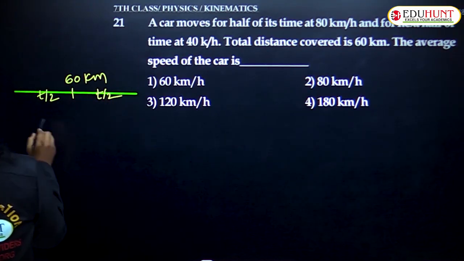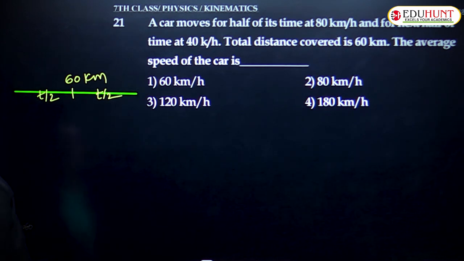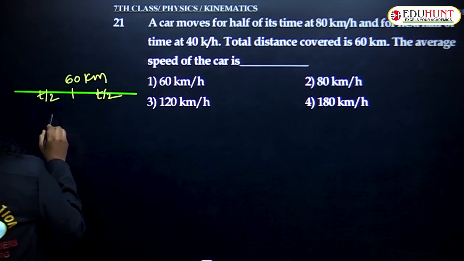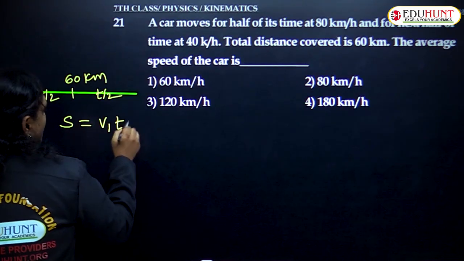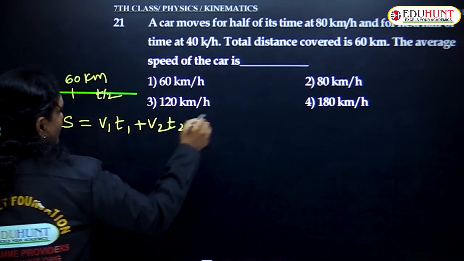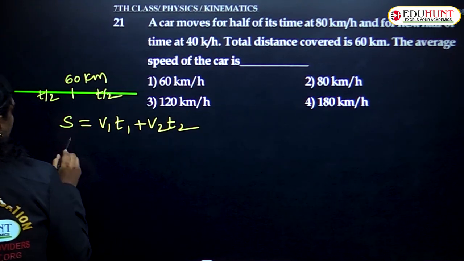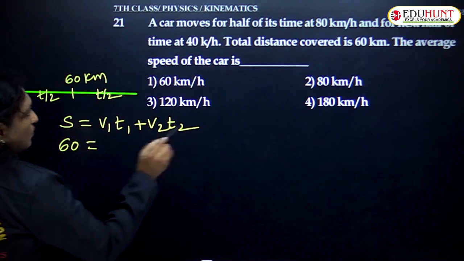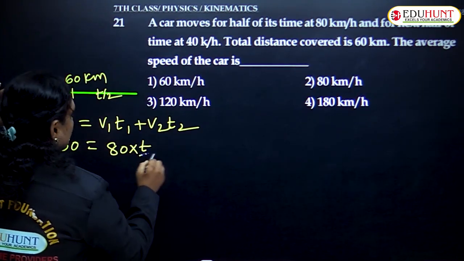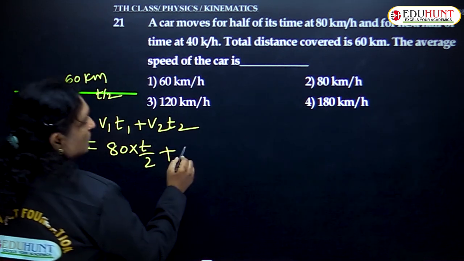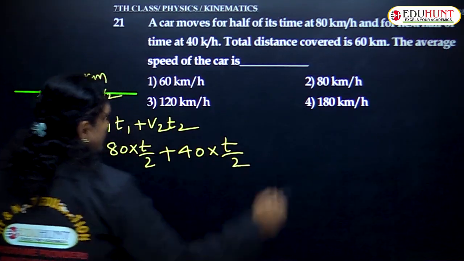So, for this total distance we know that speed equals distance by time, so distance equals speed into time. Generally, the total distance is nothing but V in 2 different intervals it is traveling. So, V1 T1 plus V2 T2 you can write. So, this S, they have given as 60, equals V1 was 80 kilometer per hour for some half interval, and here it moves with 40 kilometer per hour in the next half interval.